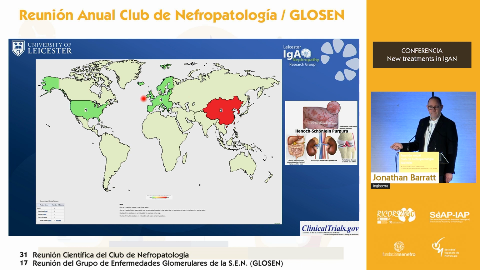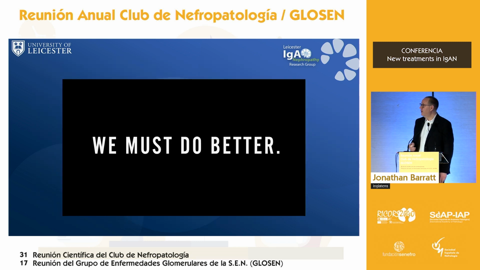That's it. So I wish I could tell you that in 3 years' time, if I were to come back, I'd tell you all sorts of fantastic, wonderful data about IgA vasculitis, and we'd know what to do. But this is where we are at the moment. And so we must do better. We are desperately trying to work with the companies designing the trials to include IgA vasculitis.